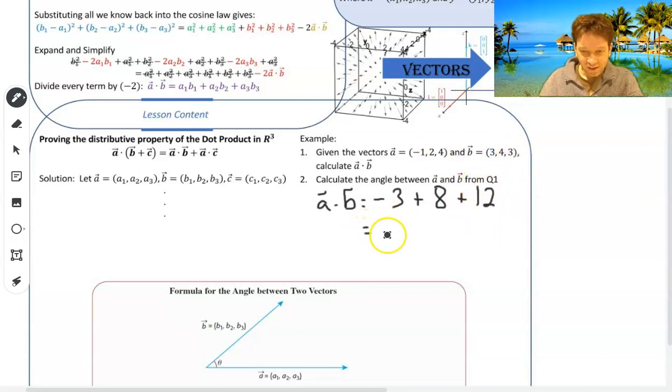We add them all together, we get 17. Notice again, there's no vector component to that because your dot product gives you a scalar, which is why it's also called the scalar product.